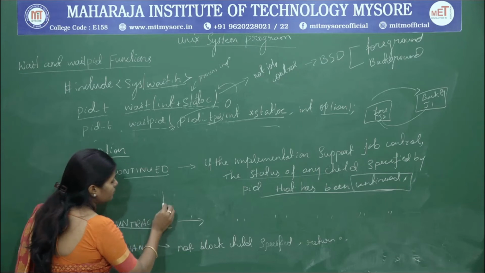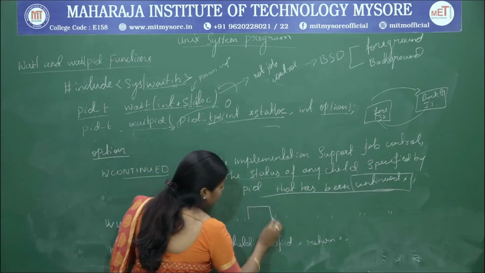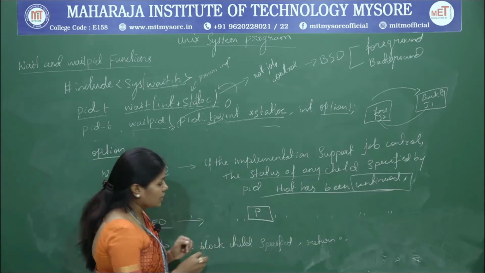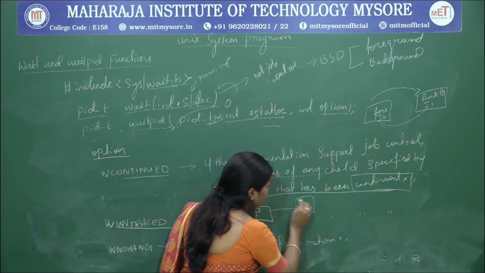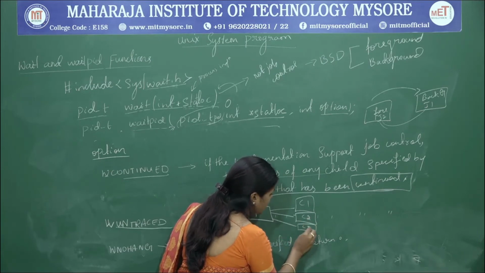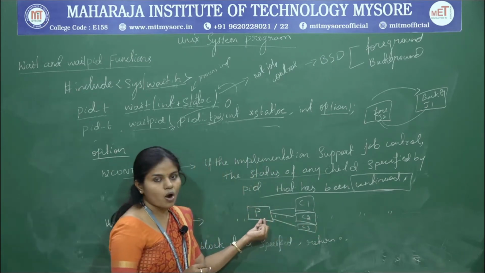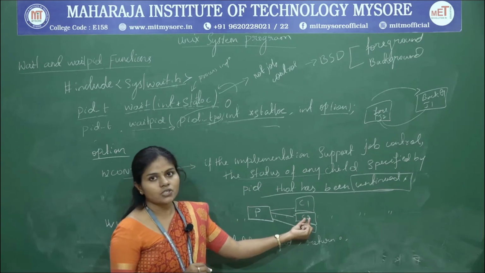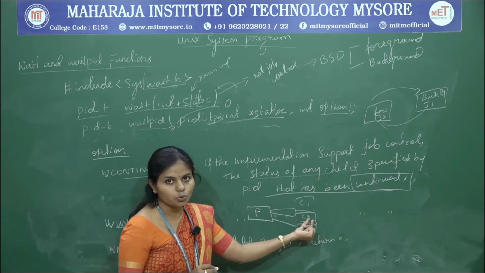Suppose for example, the process P is going to create three children, child 1, child 2 and child 3. Now P wants the termination status of child 2, right?